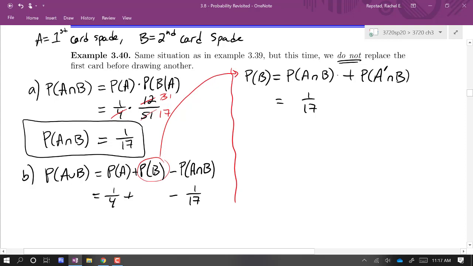So we've partitioned B into two disjoint possibilities, which is why I can just add those probabilities together. I know the first one is 1 out of 17.